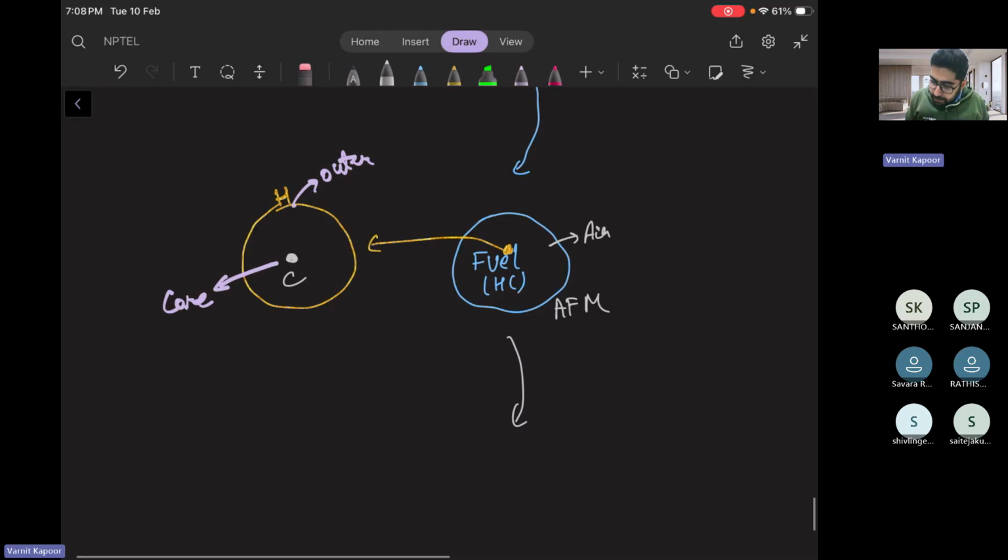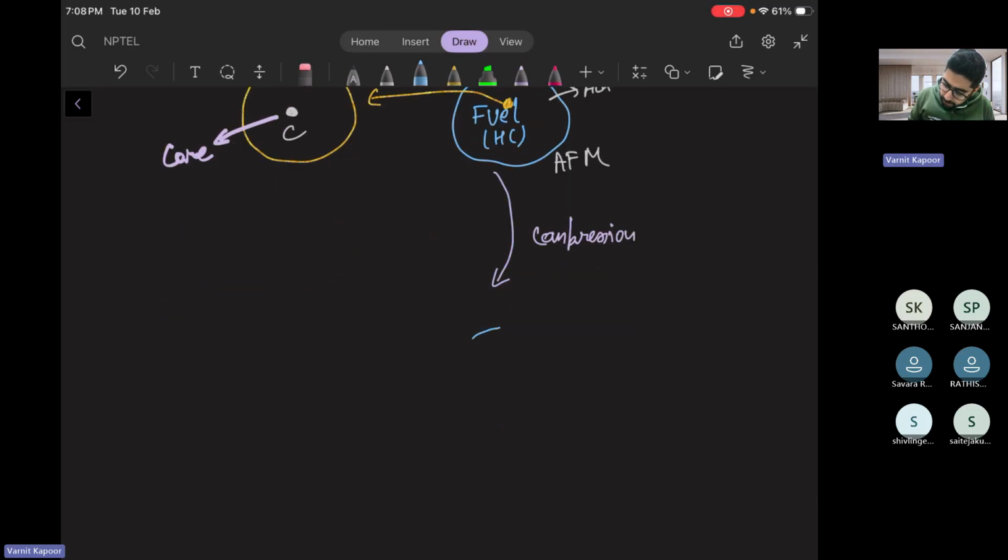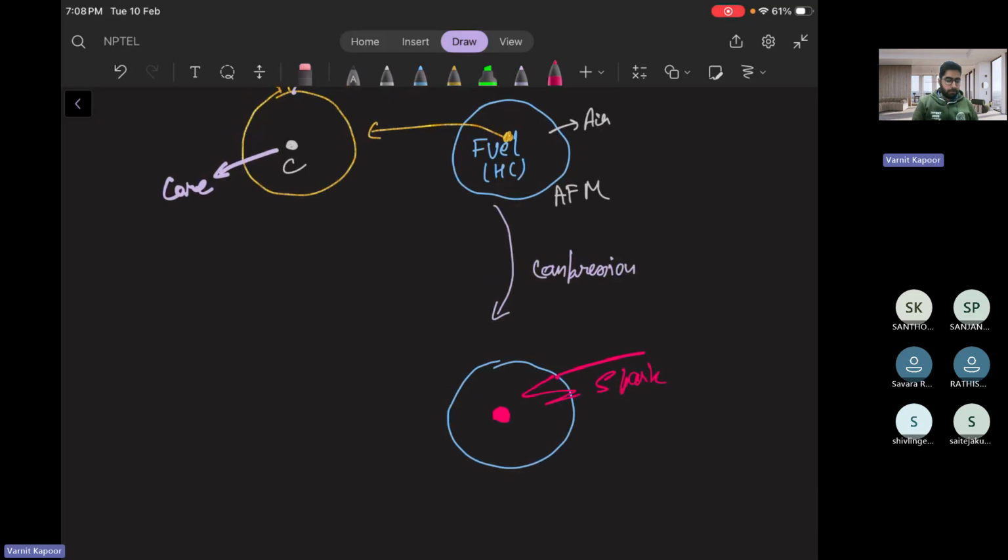So when the compression happens, and you provide the spark, the fuel inside it gets burnt, with the process that first hydrogen burns and then the carbon burns.